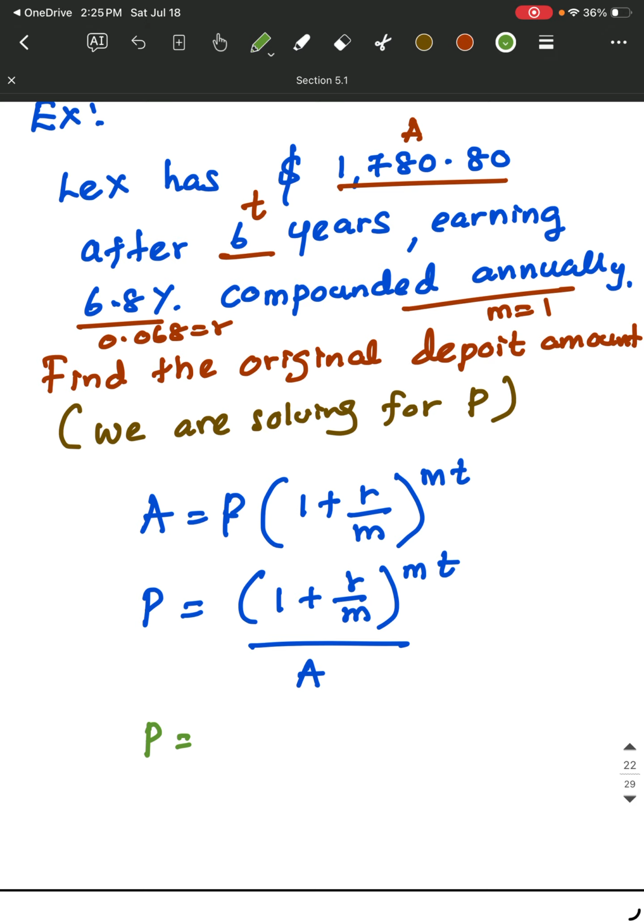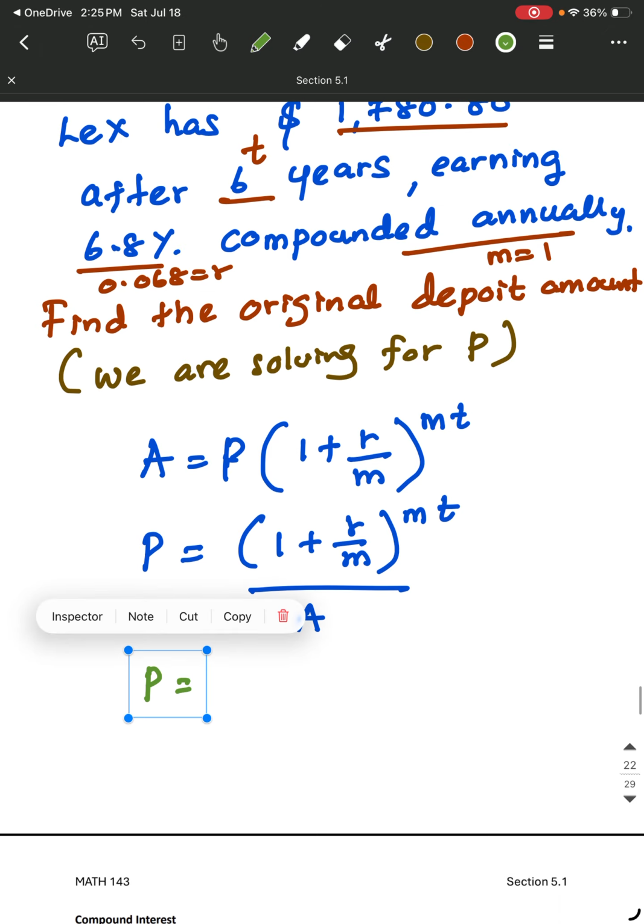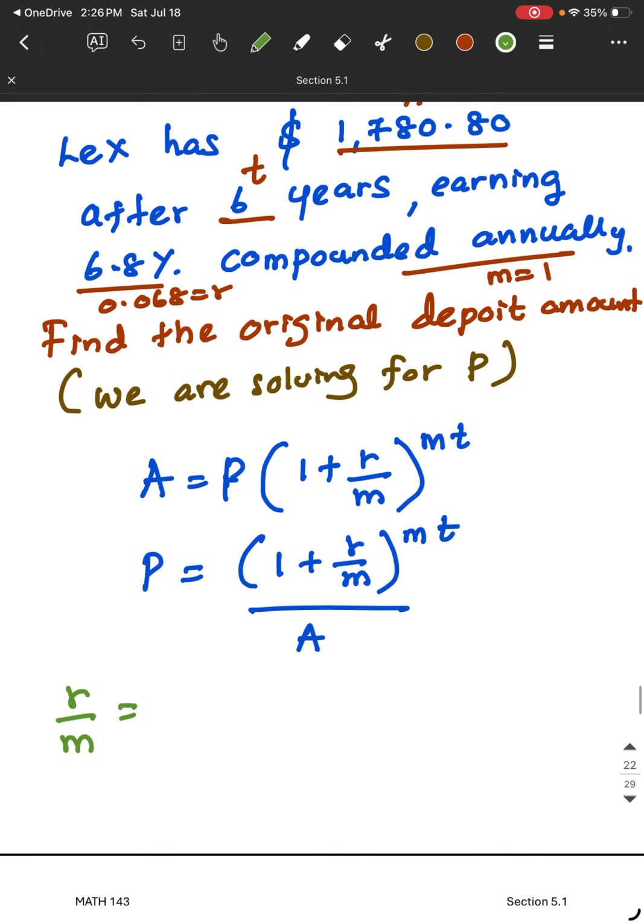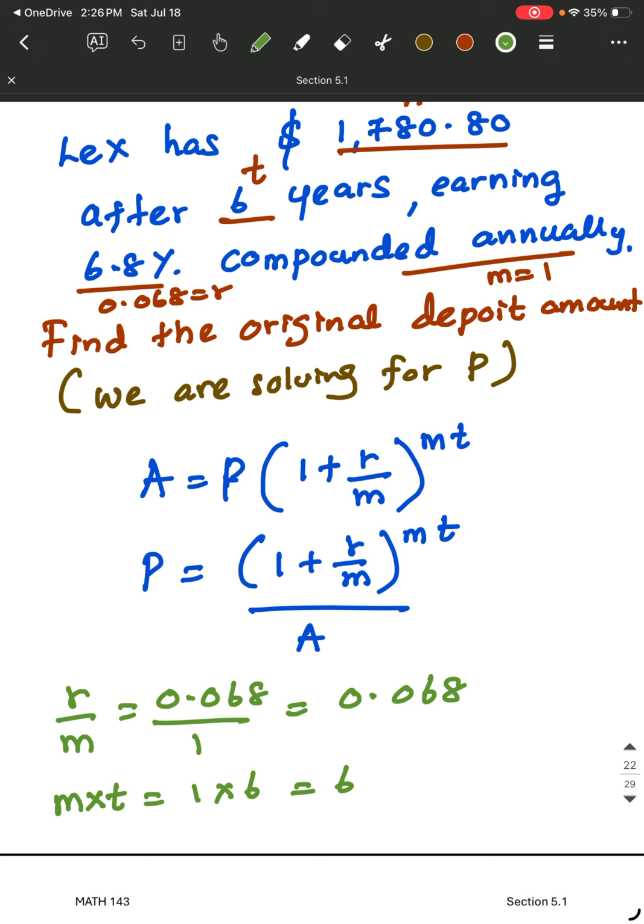R over M, we know that R is 0.068, M equals 1, then 0.068. M times T, 1 times 6, 6.